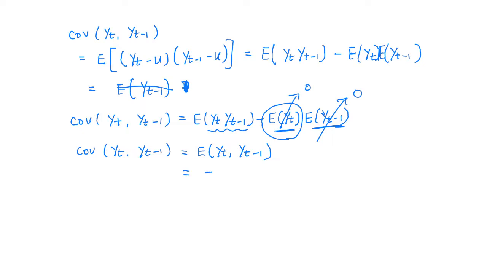So just plug in. The expectation of yt is equal to epsilon t plus psi times epsilon t minus 1, times the same expression for t minus 1.